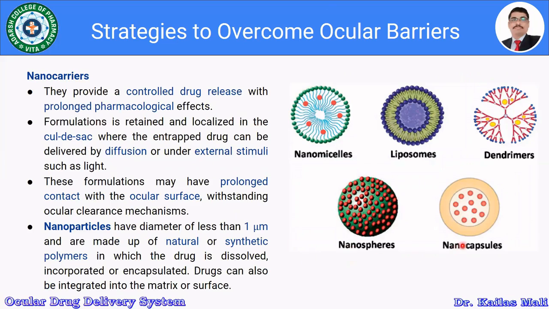So these are the nanocarriers, that is the nanocapsules, nanospheres, nanomicelles, liposomes, and the dendrimers. Nanocarriers provide controlled drug release with prolonged pharmacological effects. The formulation is retained and localized in the cul-de-sac where the entrapped drug can be delivered by diffusion or under external stimuli such as light in the case of liposomes.